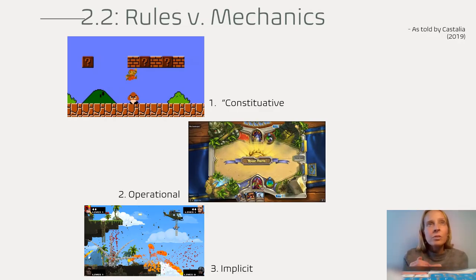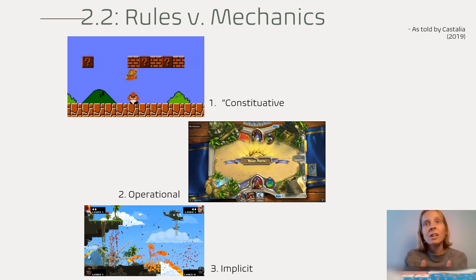It's also useful to differentiate between rules versus mechanics. A lot of times the two get collapsed onto each other, and novice designers will often collapse the two. Rules are what a player must do in order to participate in a game, and mechanics are what a player does do.